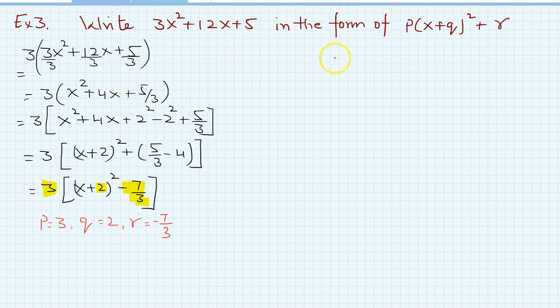Now let's try if we can use the formula. So in this equation we have a is equal to 3, b is equal to 12, c is equal to 5, and d is b square minus 4ac. So that is 144 minus 60. d is 84. So let's see the coordinate of vertex.